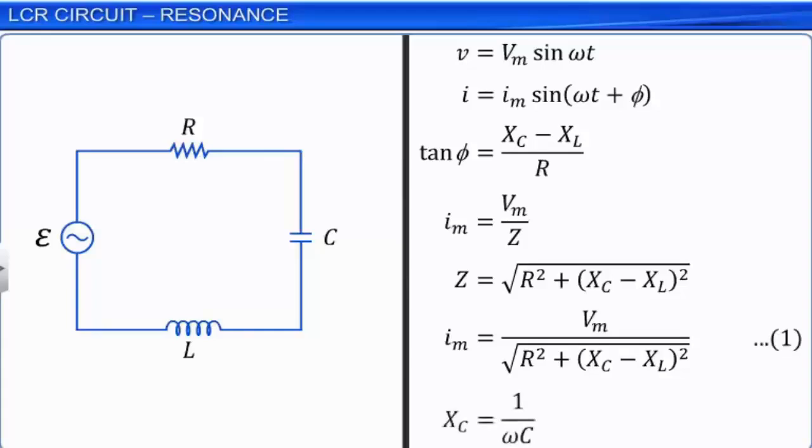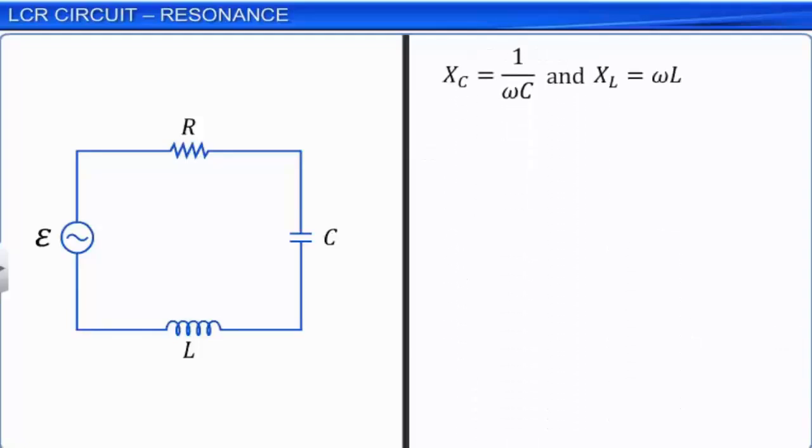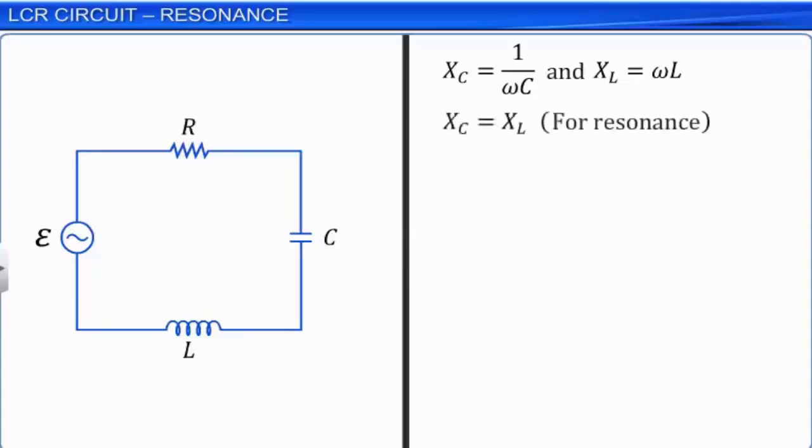For resonance in an LCR series circuit, the amplitude of the current in the circuit should be the maximum. For this, the necessary condition is Xc should be equal to XL. Substituting the values of Xc and XL in the expression which is the condition for resonance, we get 1 by omega C equal to omega L, or omega square equal to 1 by LC.